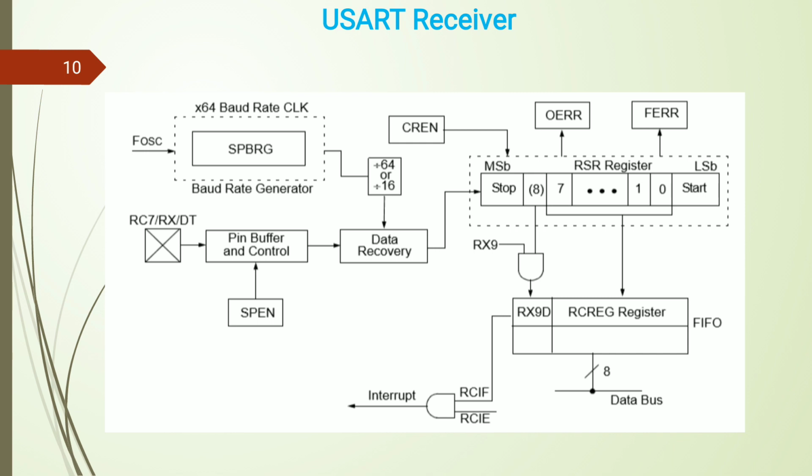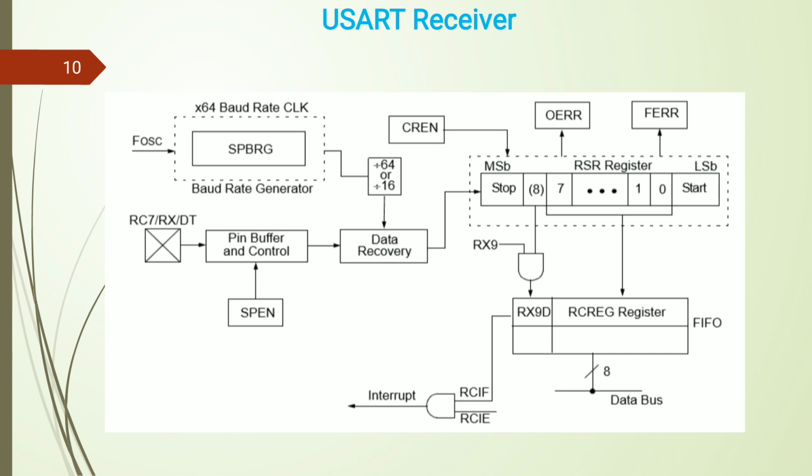In this register, it contains the start bit, stop bit, and 8 data bits or 9 data bits. If it is 8-bit data, it will be directly copied from the RSR register to the RCREG register by removing the start and stop bits.